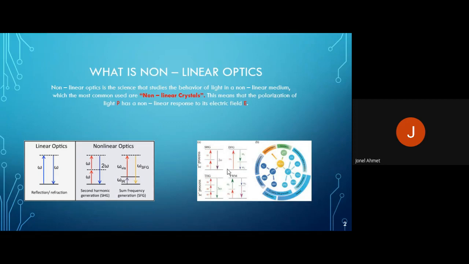The other picture displays two other processes called third harmonic generation, or THG, and four-wave mixing, or FWM, which are third-order effects with different NL indexes, or in other words, refractive indexes. We are going to talk about them later.